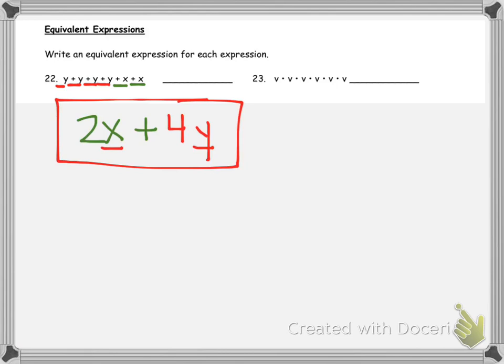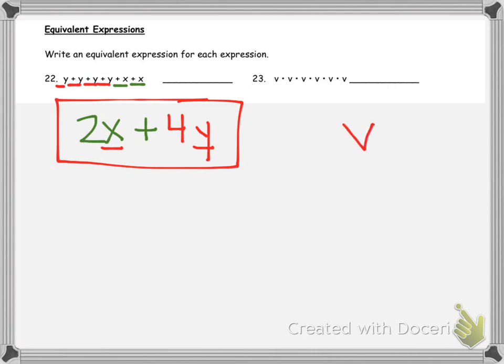All right, so what we showed here was repeated addition, and in the next one, number 23, we have repeated multiplication. So this is different. Repeated multiplication is an exponent. So what I'm going to use is the number that's being repeatedly multiplied. In this case, it's the variable v.